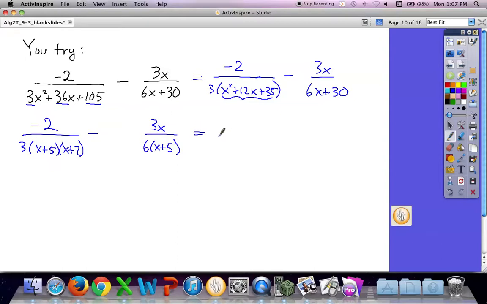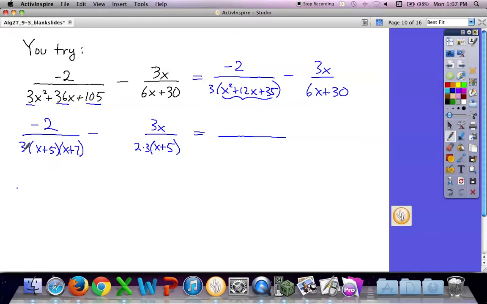Okay, the least common denominator will have every factor that we see in both of these denominators. You know, one thing that I didn't do, which I could have done, is factor the 6. Since we've got a 3 and we've got a 6, let's do that too. Let's make this like we did on the numbers only problem at the beginning. We'll break it down into its prime factors: 2 times 3.